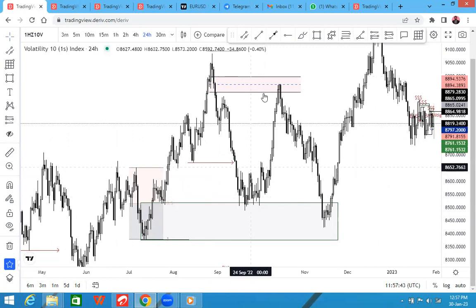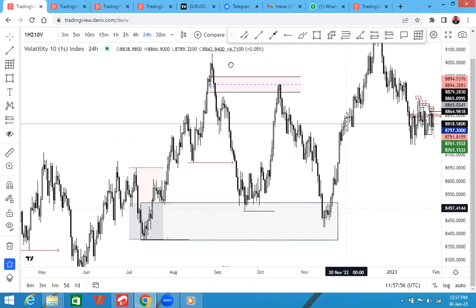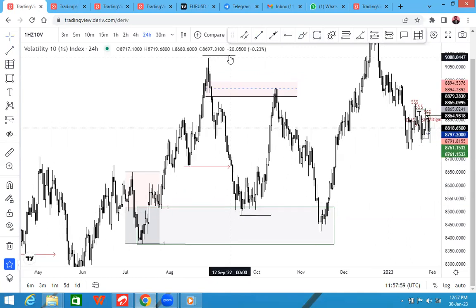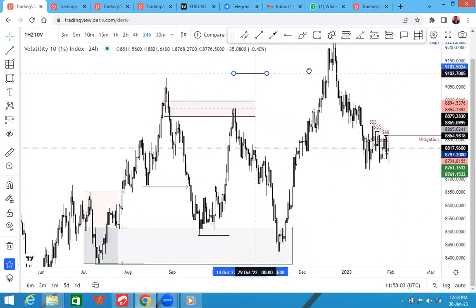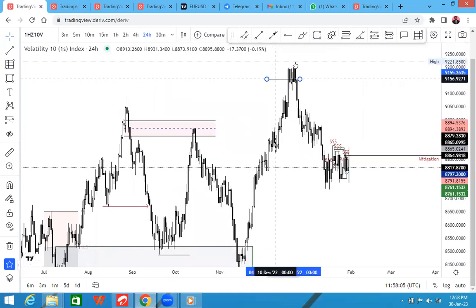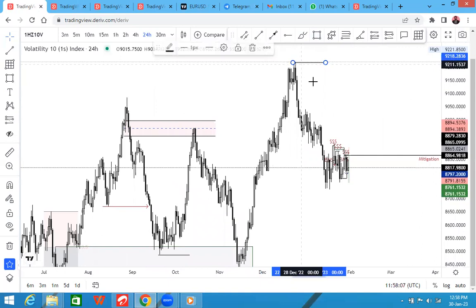So price came, retested, taking this one now as internal liquidity. And once internal liquidity is taken, we can now go for external liquidity. So price took internal liquidity. Now price is going for the range high as external liquidity. Price came and cleared it and gave us a new range high on the retracement leg.